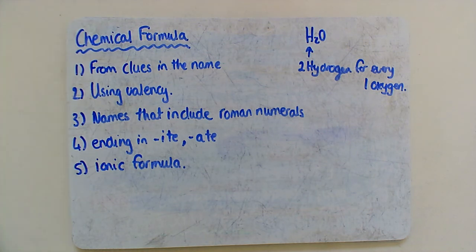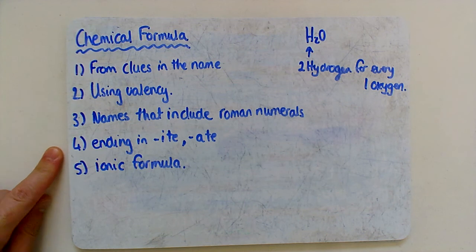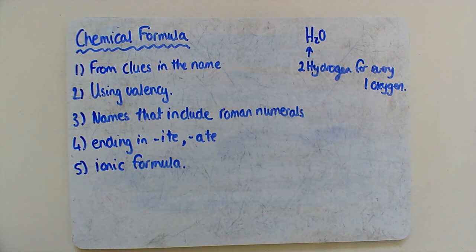Secondly, using valency. And thirdly, chemicals that have Roman numerals in the name. The second video will look at the more complicated ones, chemicals ending in "ite" or "ate", and also at ionic formula.